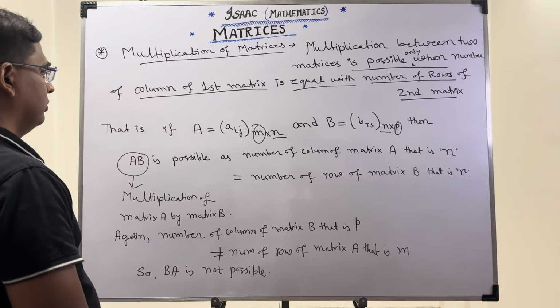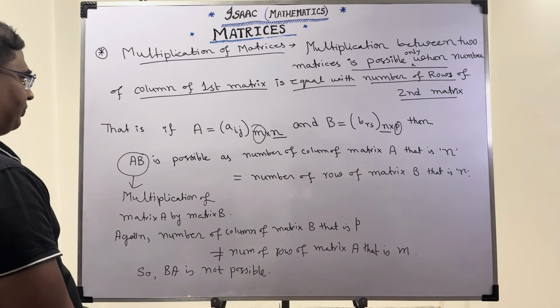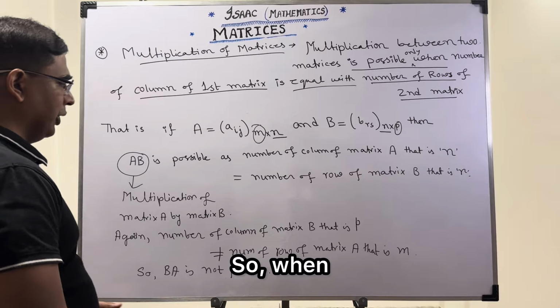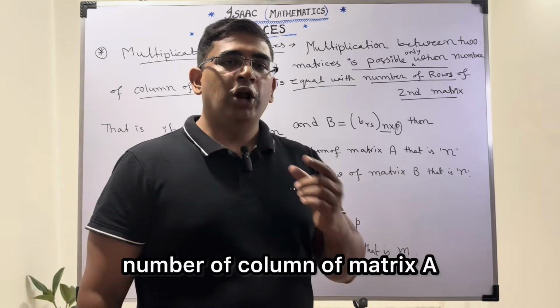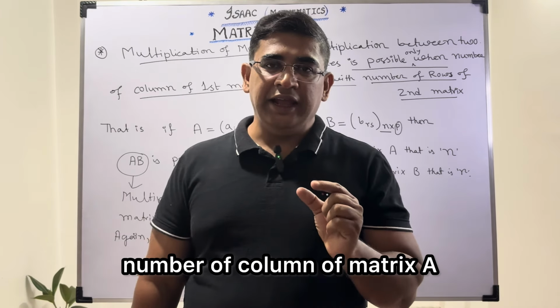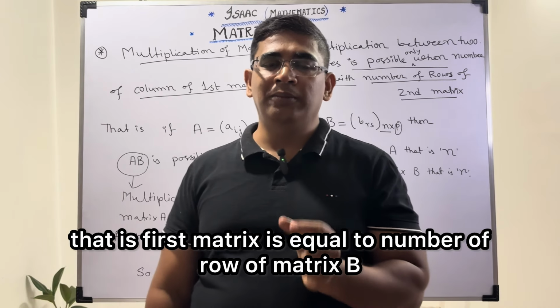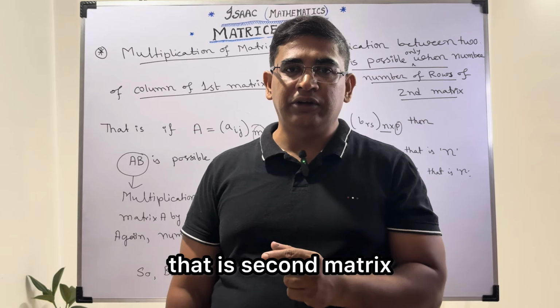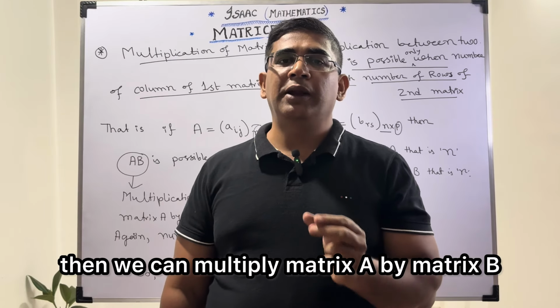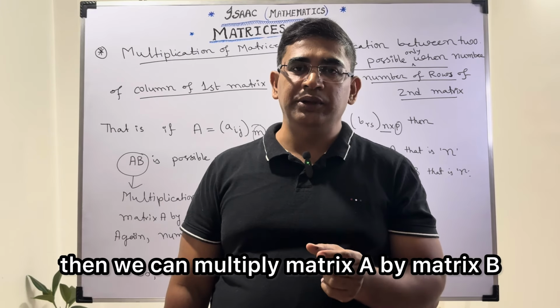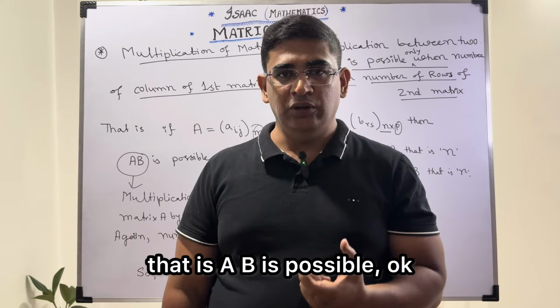Okay. So when the number of columns of matrix A, that is the first matrix, is equal to the number of rows of matrix B, that is the second matrix, then we can multiply matrix A by matrix B, that is AB is possible. Okay.